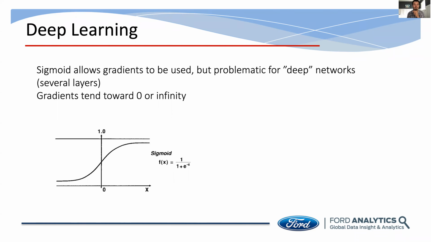And an issue there was this sigmoid function that gave us derivatives, which saved the day before. You'll notice the derivative of that function is often really close to 0. And when you take several layers stacked on top of each other and you want to compute derivatives, you get a product of a bunch of derivatives, basically, because of the chain rule.